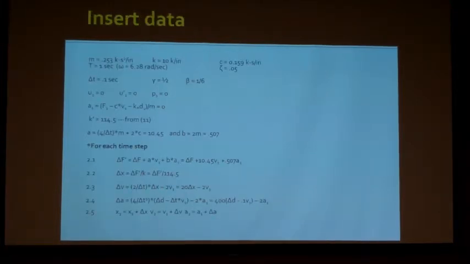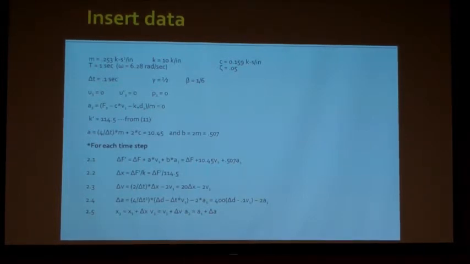So now we have values, which the values for M, K, and C are given. If you had some sort of modeling software or another problem, you would be able to find them, and they might be matrices, but like I said, we're just doing it for a single member. You have your desired change in T, which is 0.1 seconds, and we have our gamma and our beta established already.